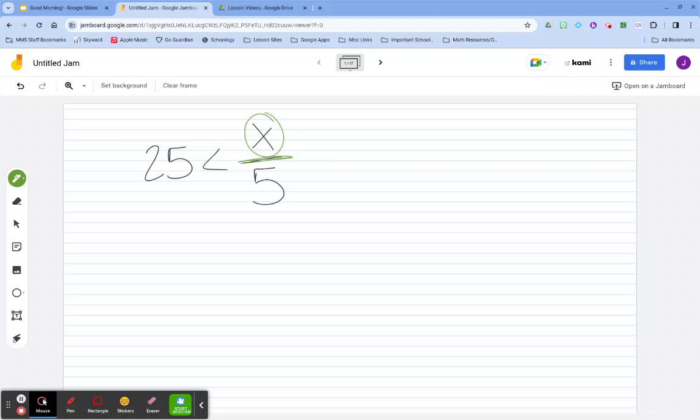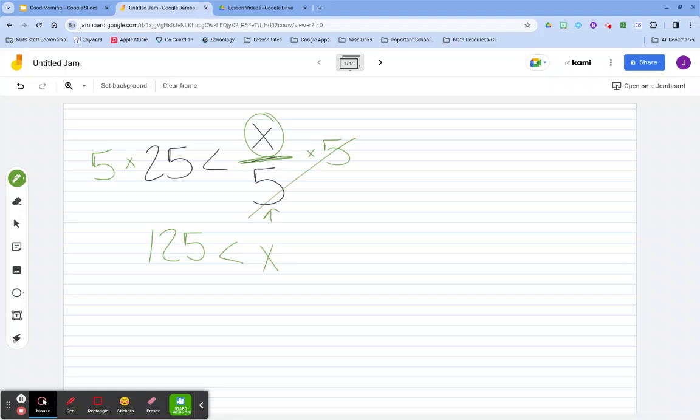That would be multiplication. So we need to multiply on each side, and the 5 is what we need to get rid of. So we are going to multiply by 5 on each side. So the 5 is gone, and we have the x still. I'm going to copy down my symbol, and then we have 5 times 25 would be 125.